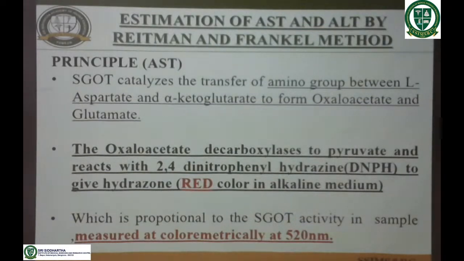That hydrazone, the end product, forms a red color in the alkaline medium.